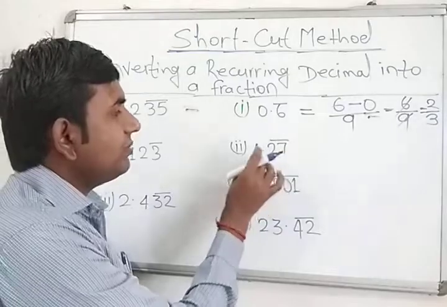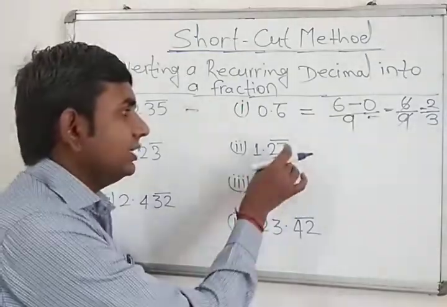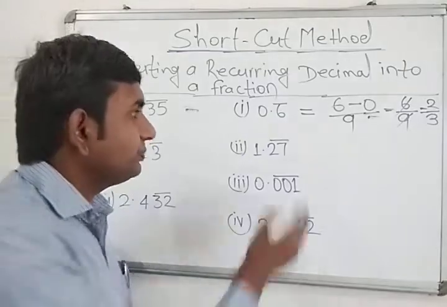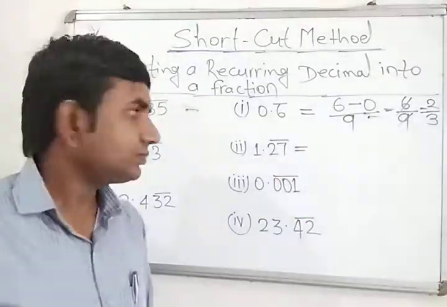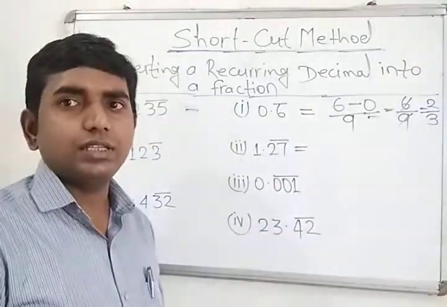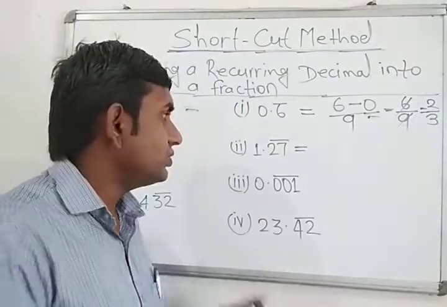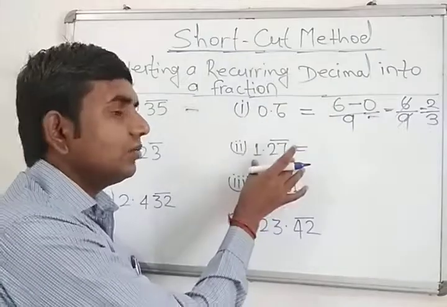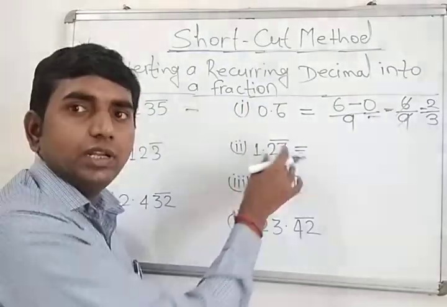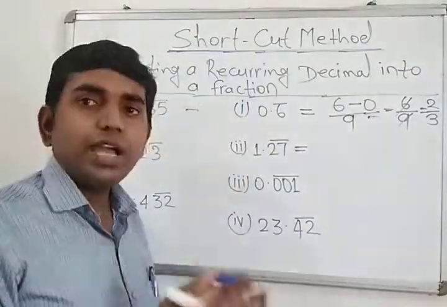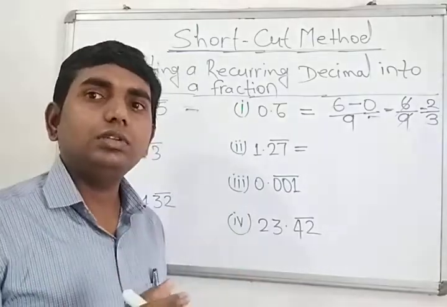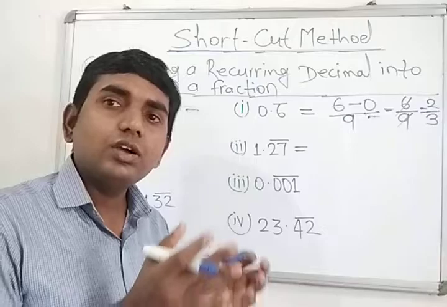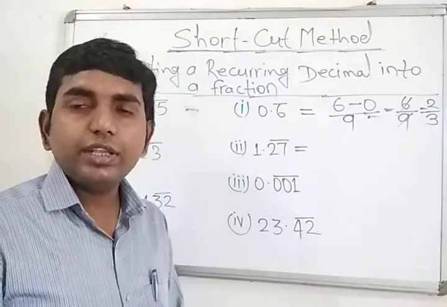Here we have 1.27 where 27 is repeating, and we want to write this number as a fraction. We apply the shortcut method. First we write the total digits given in the question, whole, non-recurring and recurring.